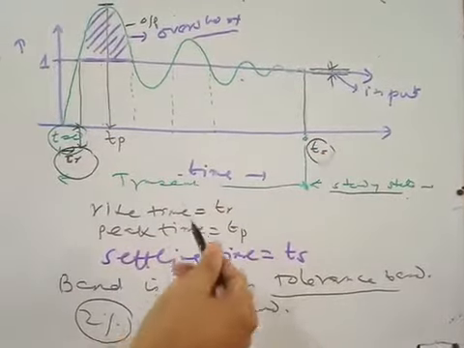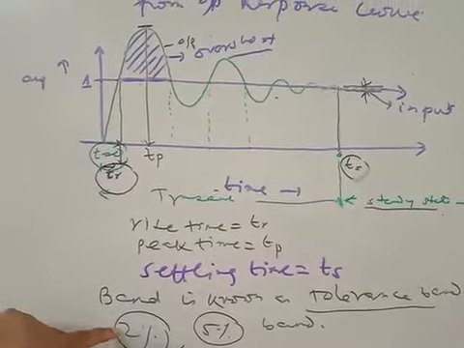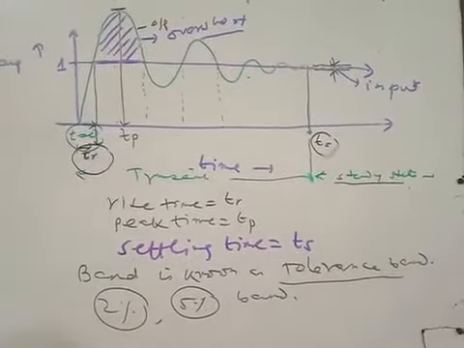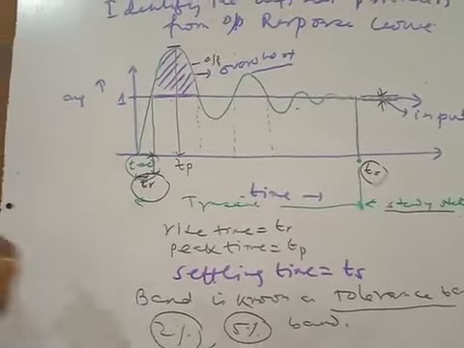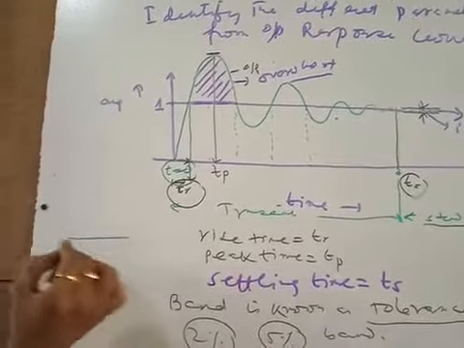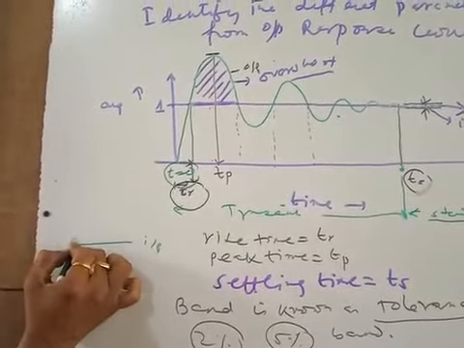Once it reaches the steady state value, you have to consider the band of oscillations. How is the band defined? This is your input desired value, and the oscillation is like this.